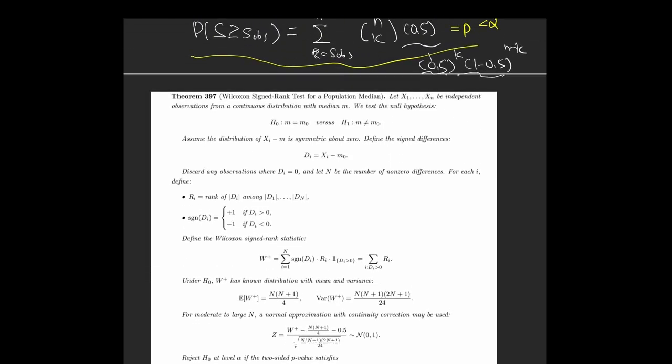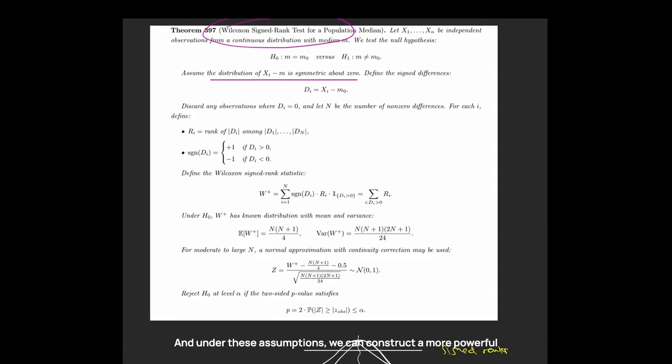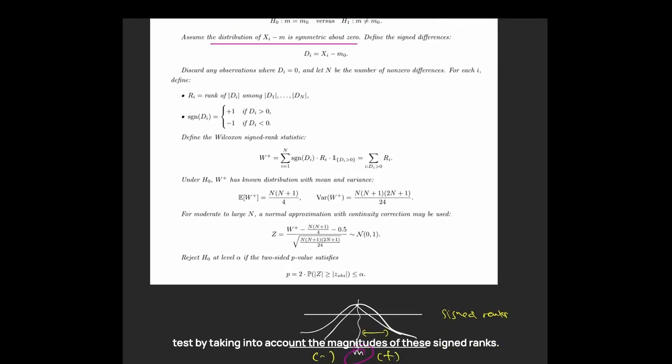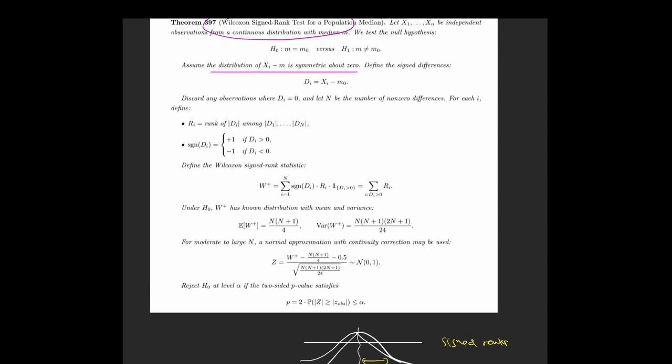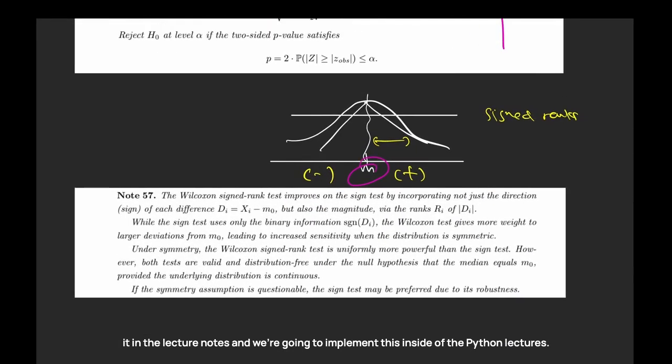It turns out that we can construct what is called a Wilcoxon signed rank test for the population median. It relies on the assumption that the distribution is symmetric at the median value. Under these assumptions, we can construct a more powerful test by taking into account the magnitudes of these signed ranks. We're not going to go into the details of this hypothesis test, but of course you can read it in the lecture notes, and we're going to implement this inside of the Python lectures.